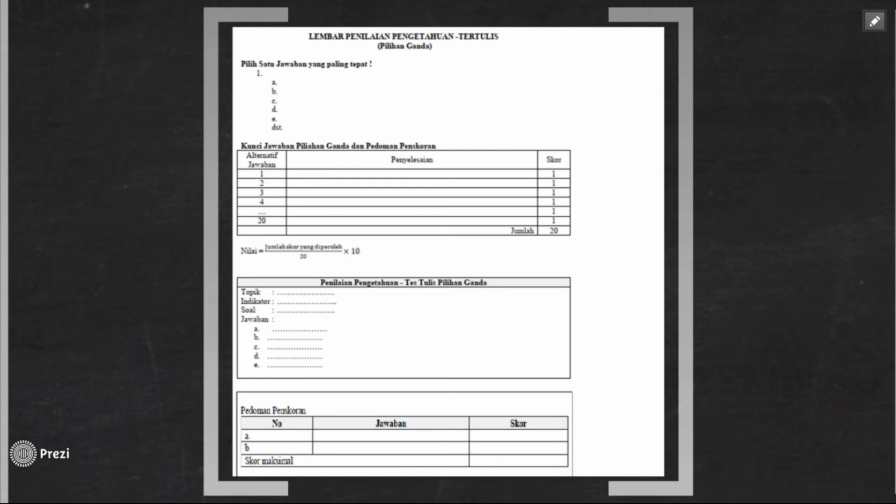And in this type of multiple choice rubric, it has a score guidance on how to give the score, even if it is a minimal score or maximal score.